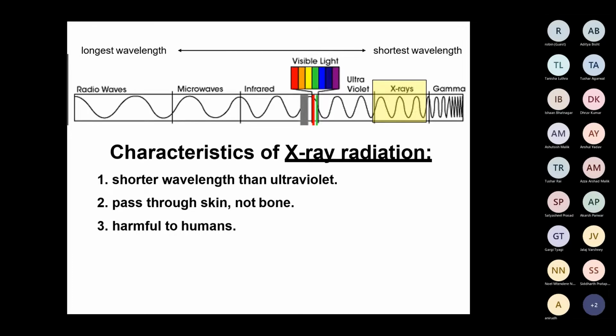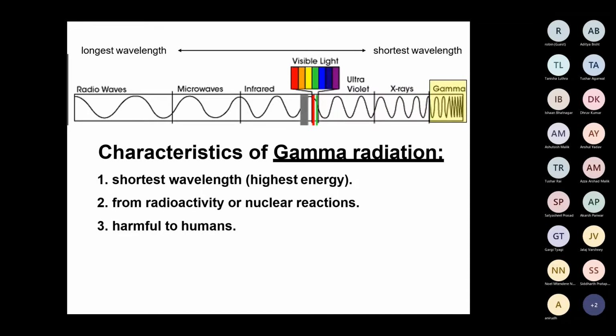So we can check for some diseases using X-rays, and we can check the whole skeleton. Harmful to humans, right? So ultraviolet rays up to gamma are very harmful for human beings. Gamma radiation: shortest wavelength, highest energy, from radioactivity or nuclear reactions, harmful to humans.